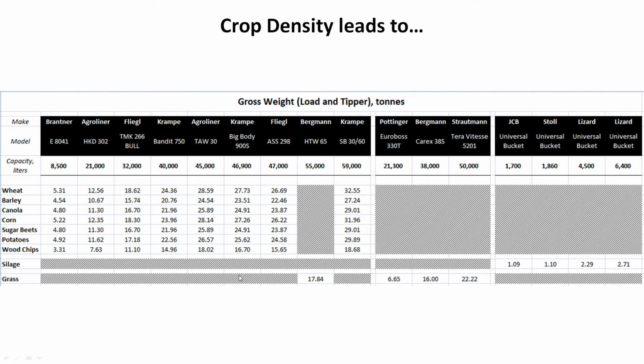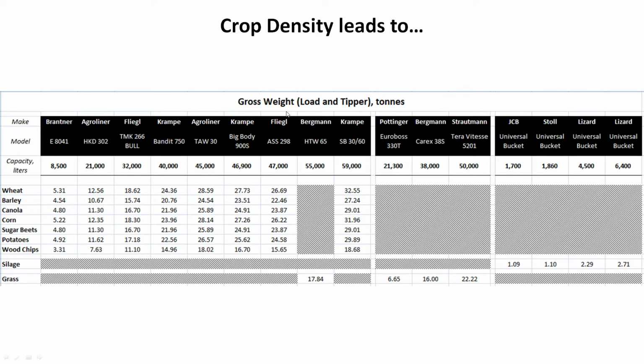Now that we know the crop density, we can apply this across all of these different pieces of equipment. Again, except for the Bergman can't hold anything except for grass and chaff. We can't sell chaff directly. We can turn it into silage, but because we can't sell it directly, I didn't include it here.